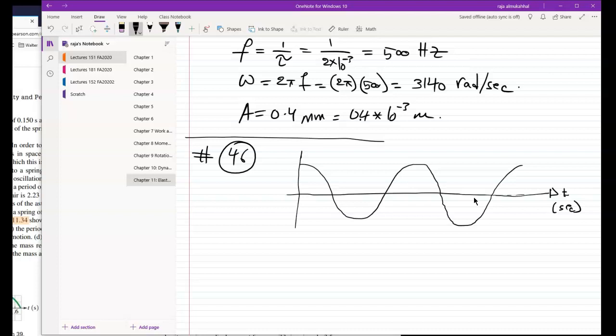This is the angle theta in degrees. All right.